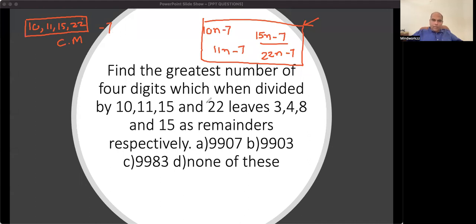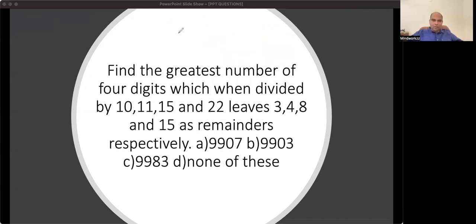And the question being asked is the greatest number of 4 digits. So the property explained in the question will hold for any common multiple of these 4 numbers minus 7. So we first find out the LCM of these 4 numbers. The LCM of 22, 11, 15, and 10 is 22 into 15, that's it, 330.